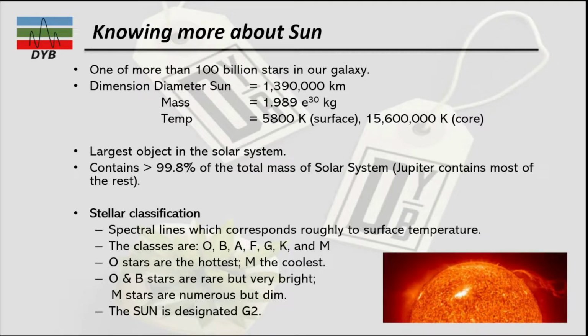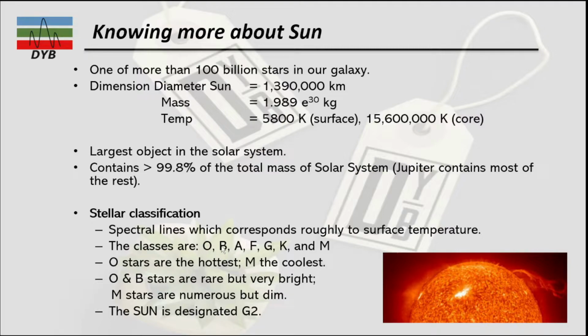As in the previous lecture, we have looked at the spectral or stellar classification. The classes of stars are O, B, A, F, G, K, and M. O stars are the hottest and M are the coolest, based on temperature.